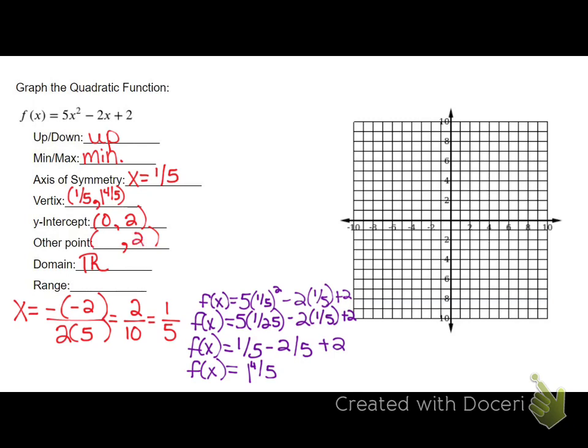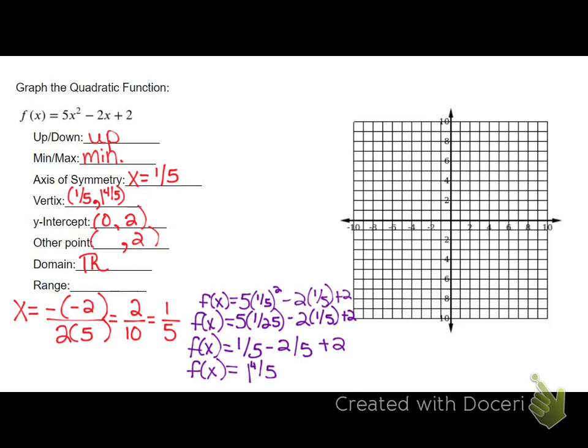Now, how do I find my one other point with my x? You could just graph it and then count it out. Or you could look at your x value and your vertex and double it. So what's 1/5 doubled?